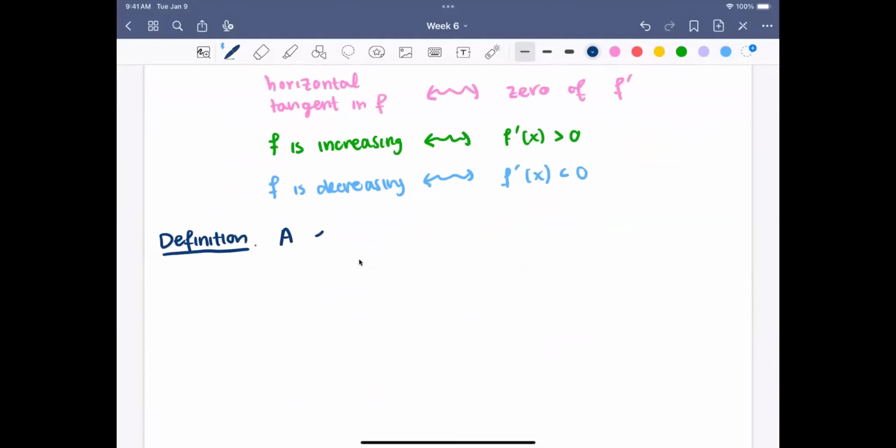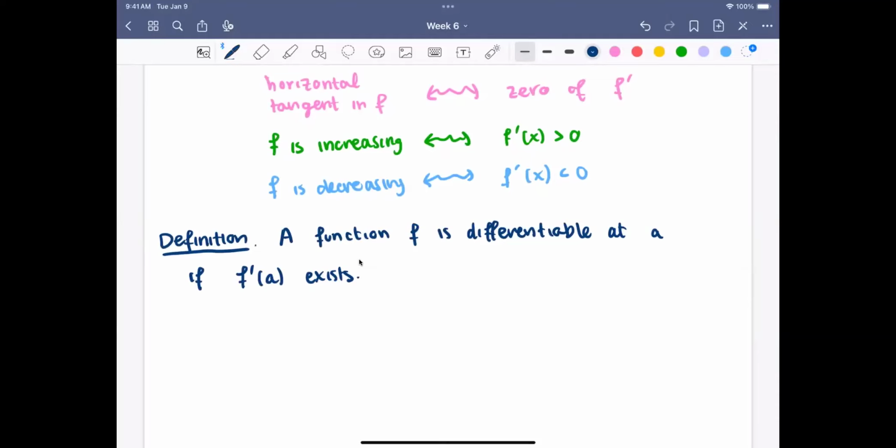A function f is differentiable at, let's say, a, if this derivative f prime of a exists. What I mean is that this derivative is a limit of something. If that limit exists, then you can say f prime of a exists.